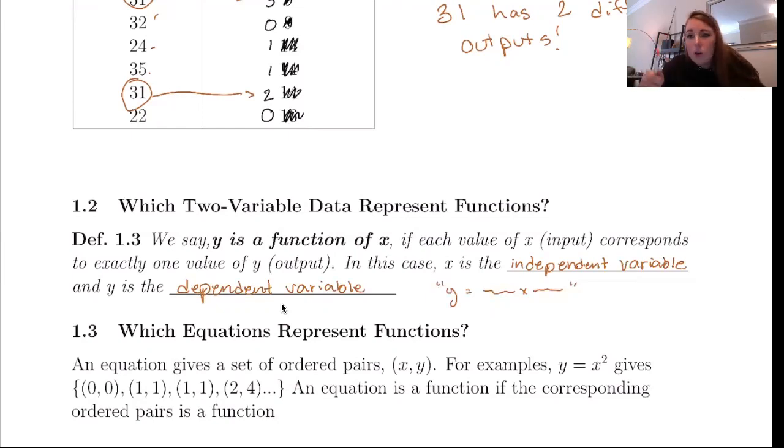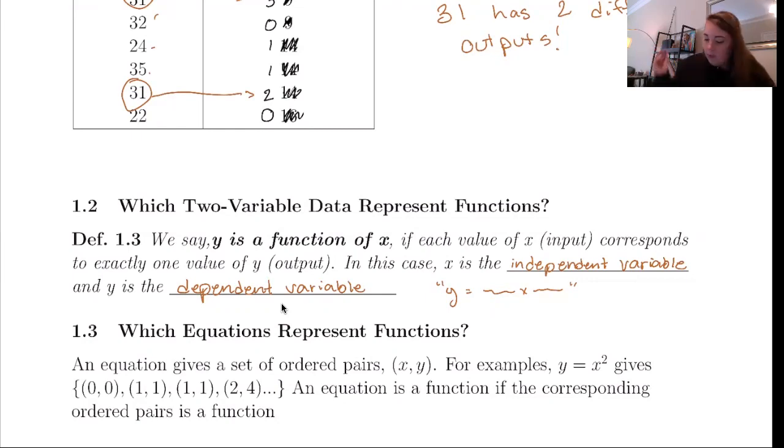Time waits for no man or woman or in between. So an independent variable like time, that's not ever going to depend on something unless I'm recording it, right? Like if I'm recording how long it takes to do something, that time is a little different in the sense of time just continuously passing.